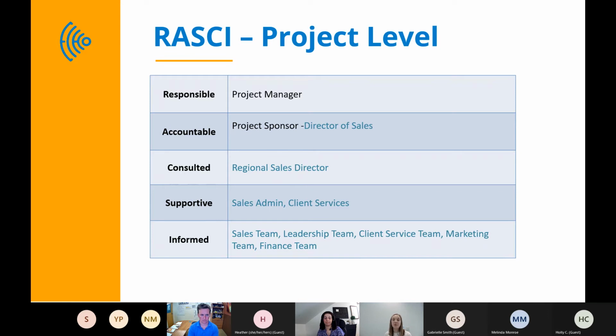And then supportive, those are really those individual contributors, hands on the keyboard, those that may be doing a lot of the executing throughout the project length. And then informed, these teams or team members may not be directly involved in the project, but they really need to be aware of what's going on. So we're going to inform them throughout the length of the project.